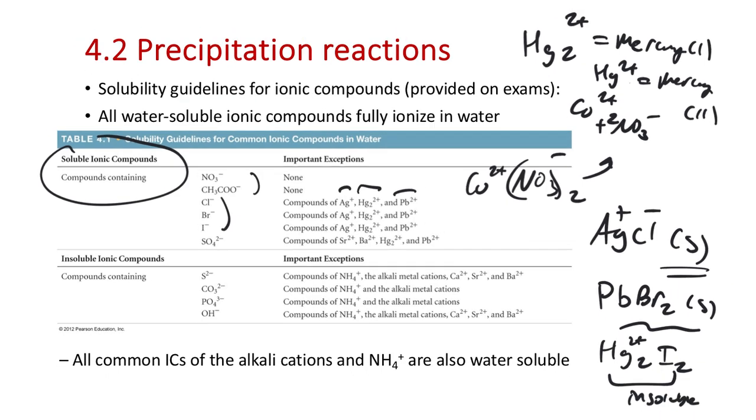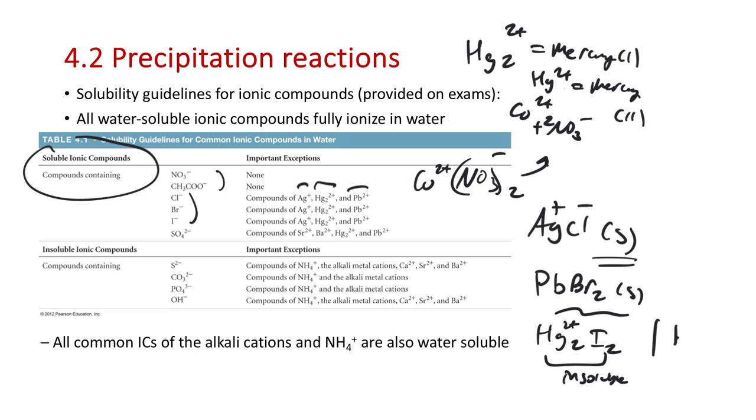But you also have the possibility of forming compounds that look like just HgI2, where you have the ordinary mercury 2 cation that we learned how to name in nomenclature. This is completely soluble because it's not one of the exceptions. So a weird little footnote is that one of mercury's ions forms insoluble salts with chloride, bromide, iodide, and one of its other cations forms soluble salts.